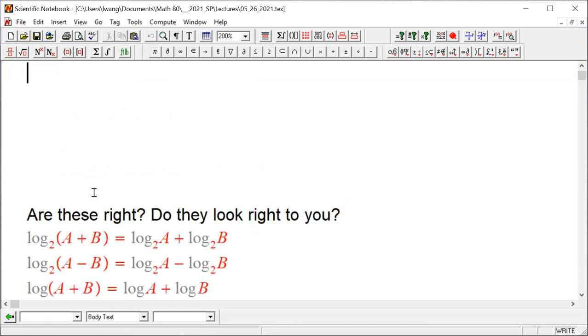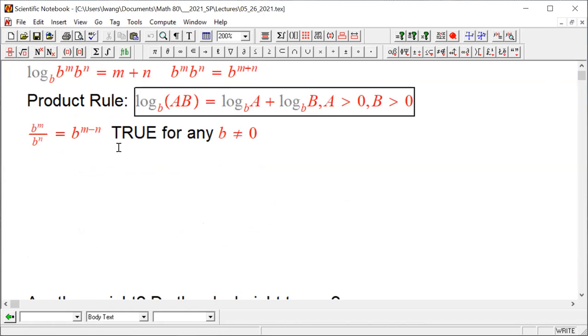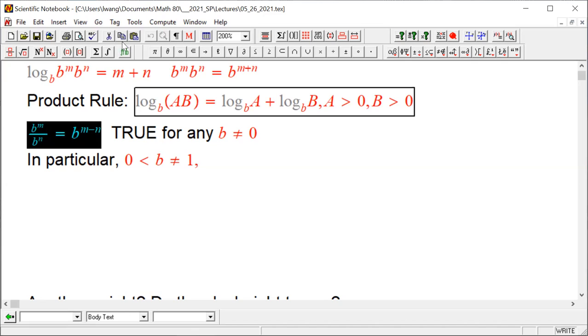So once again, we're going to establish our circumstances. In particular, we are considering the case of 0 less than b and b not equal to 1. So not equal to 0, and this is still true.